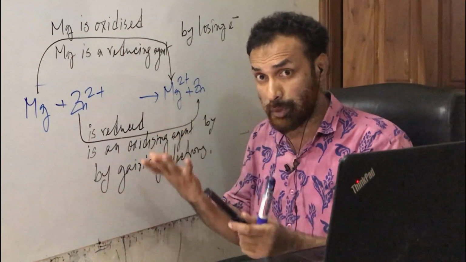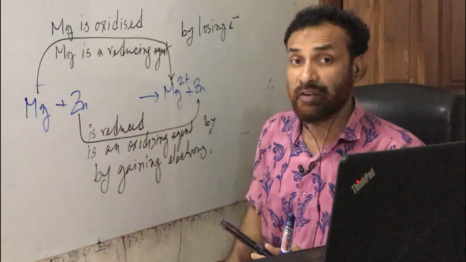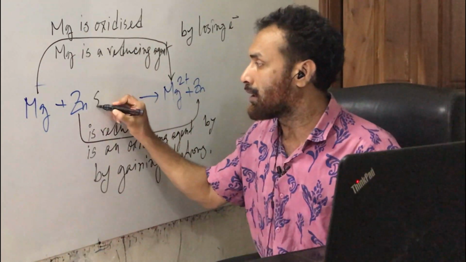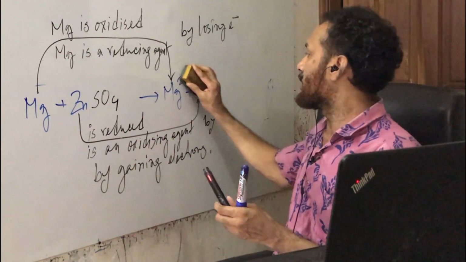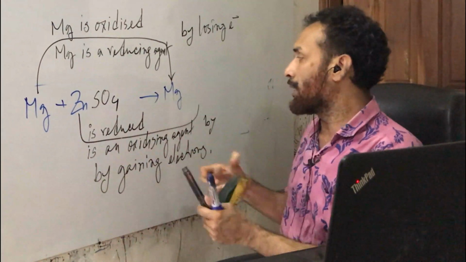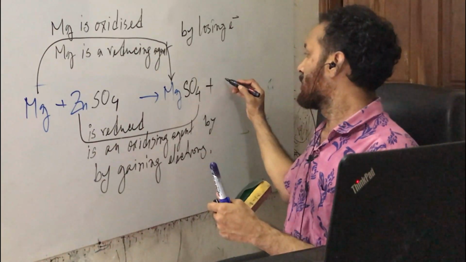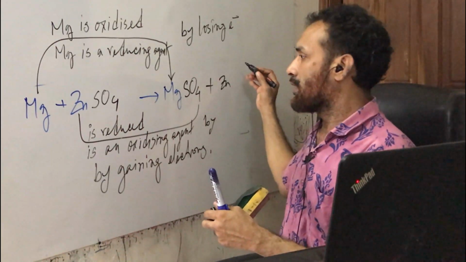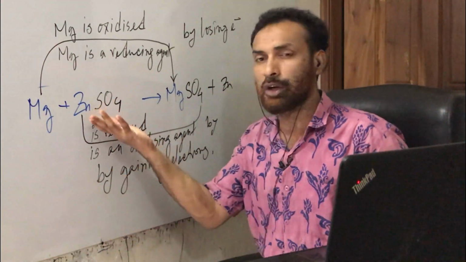You also need to be able to write this when the zinc ion is not given directly as a zinc ion. This may be, look carefully, zinc sulfate, and in that case magnesium would give magnesium sulfate, and zinc. Okay, this is an ionic compound.